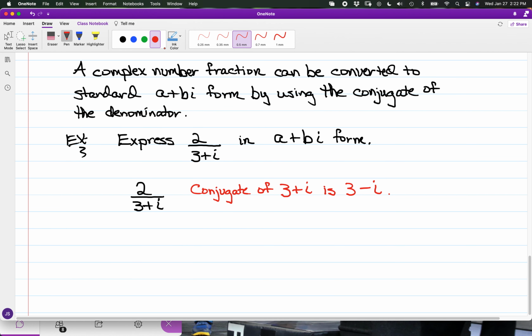And in terms of using this conjugate, so we have 2 over 3 plus i. Now we're not dealing with the least common denominator, but the follow-through will be the same kind of exercise as writing a fraction in terms of the least common denominator, in the sense that I'm going to take this ratio and multiply by 1 in the form of the conjugate divided by itself.